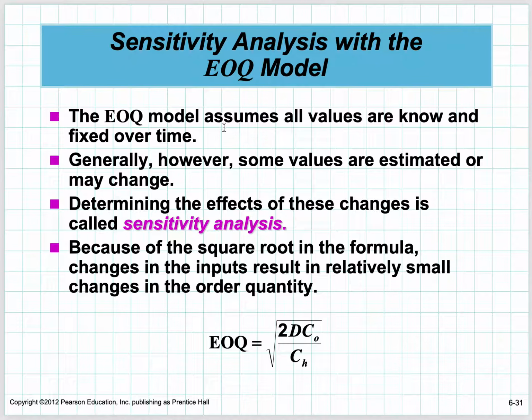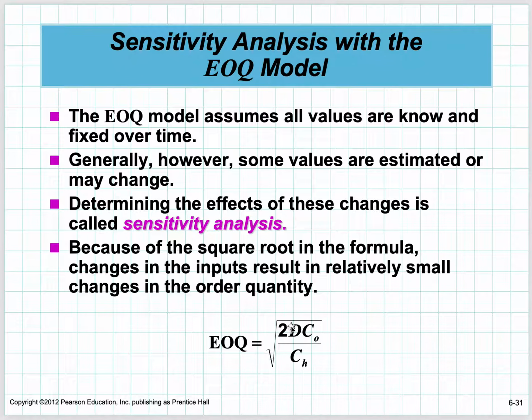We look at sensitivity analysis to determine how the EOQ can change. Notice it's a square root. So the ordering cost has to quadruple for the EOQ to double. The holding cost has to go up or down by factors of 4 for the square root.